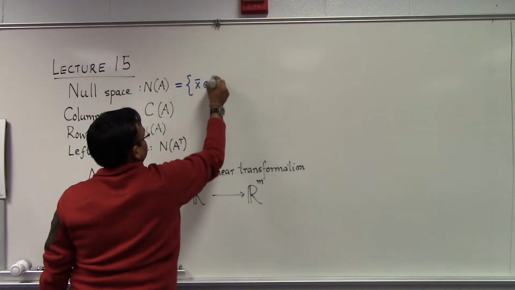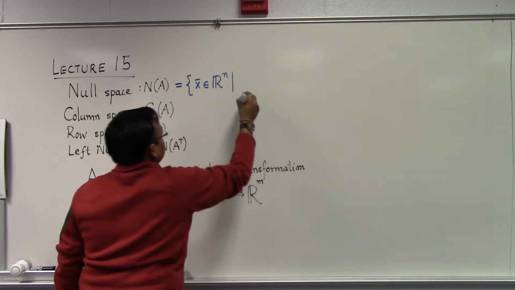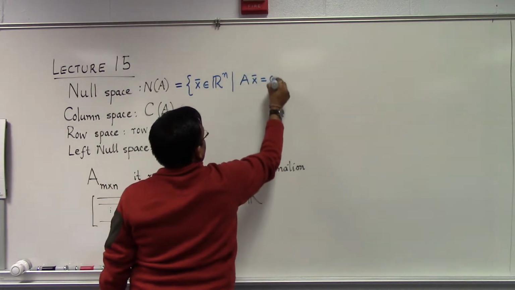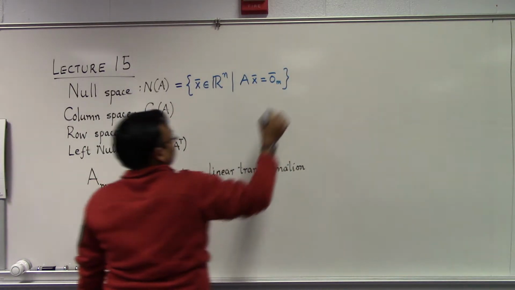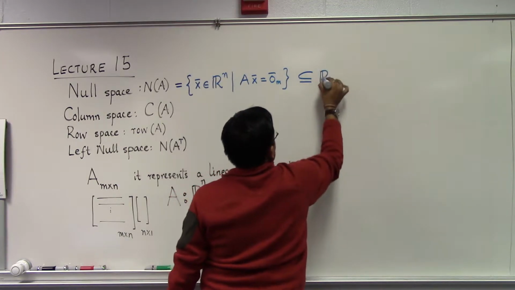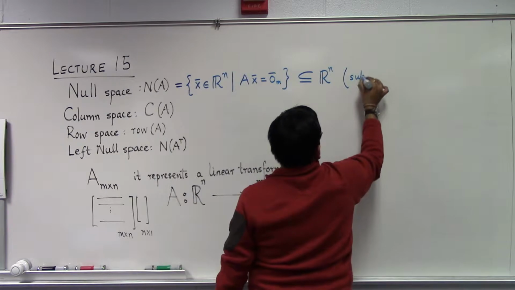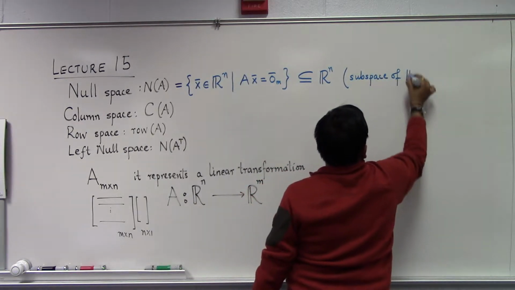So in this case, it is in Rn, such that A would map this vector to the zero vector of Rm. So this means this is living inside Rn, and we had shown that it is a subspace of Rn.